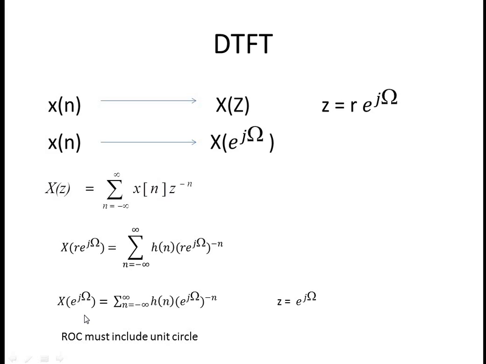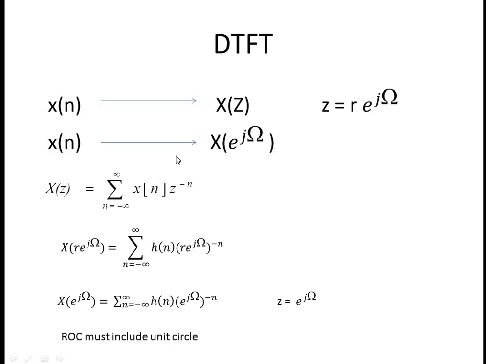So only if the system is stable can the discrete time Fourier transform exist. In the Z transform we can apply it to both stable as well as unstable systems. But the discrete time Fourier transform is applicable only to stable systems.